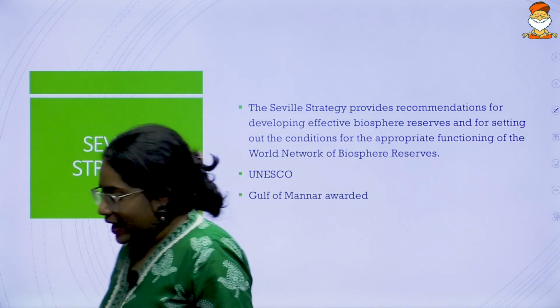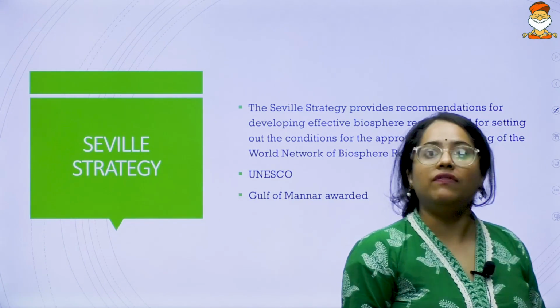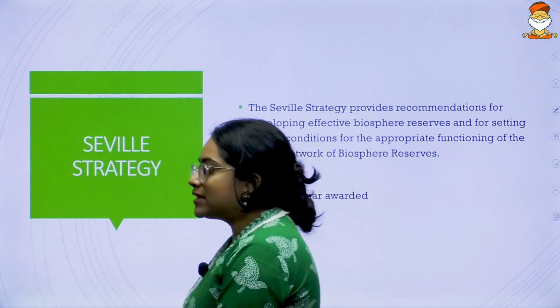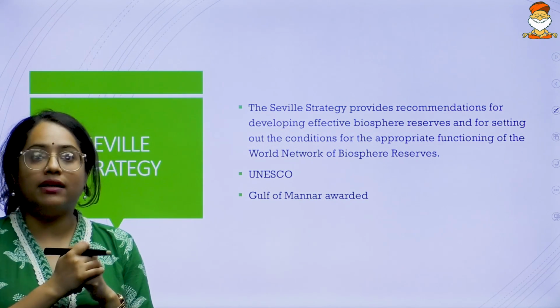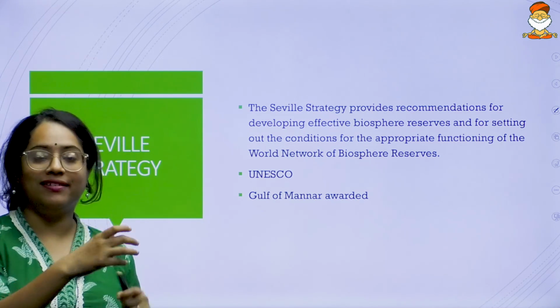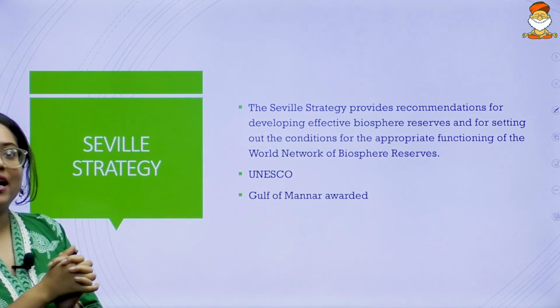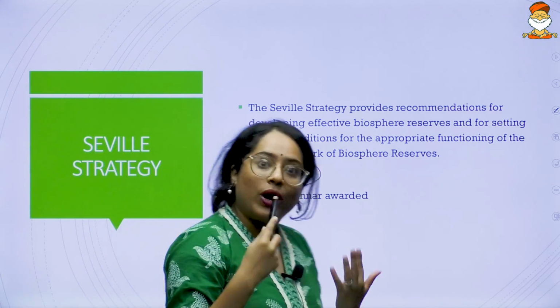The next thing that we have to discuss is something called as the Seaweed strategy. Seaweed strategy provides recommendations as to how a specific biosphere reserve can work in a much better manner. If they are working in a good manner, how they'll be awarded, they'll be given like a prize for it, all of these things. So Seaweed strategy is something that was devised by UNESCO. Why UNESCO?